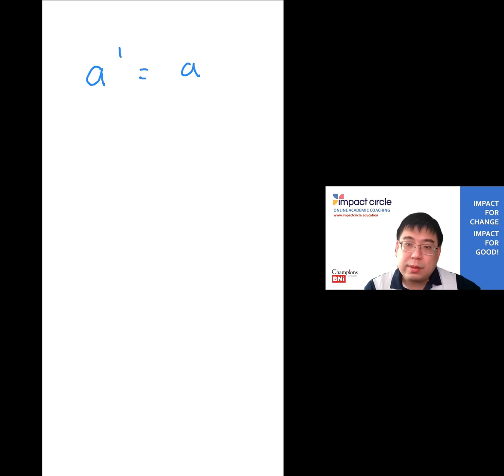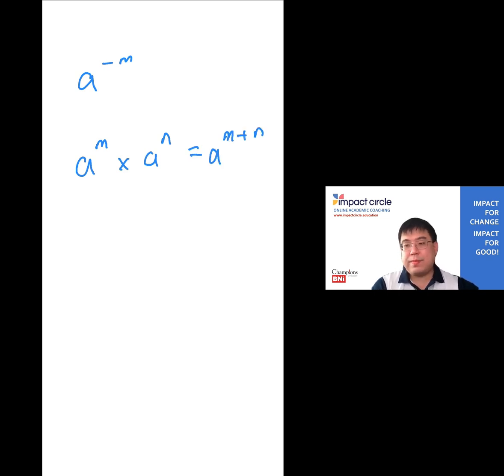Comes the few laws that are more confusing to most people. We actually have a to the power of a negative power. With this, let us use the first law. What does the first law say? The first law says that a to the m times a to the n is equal to a to the m plus n.